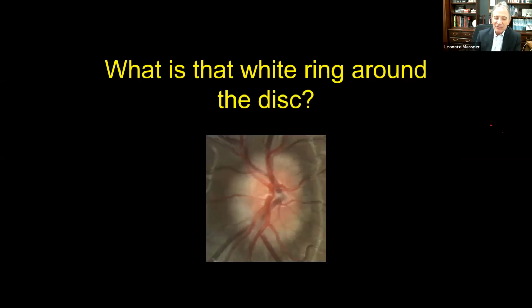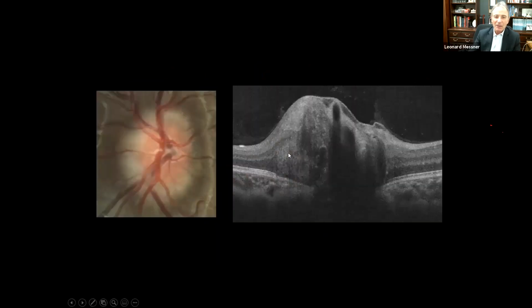So before I leave this discussion of anomalous nerves, I want to get back to something that I was making reference to earlier. What in the world is this white ring that we see surrounding these anomalous nerves? Well, intuitively, we talked about these FOMS lesions as being bulging axons that we see in a wide variety of clinical scenarios.